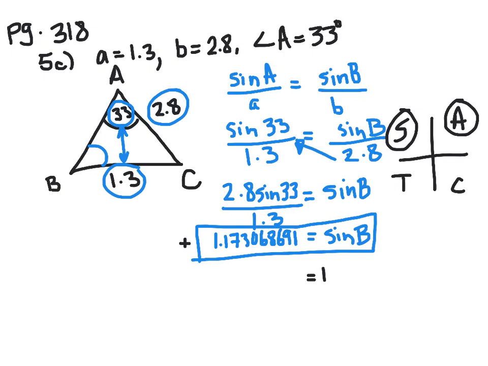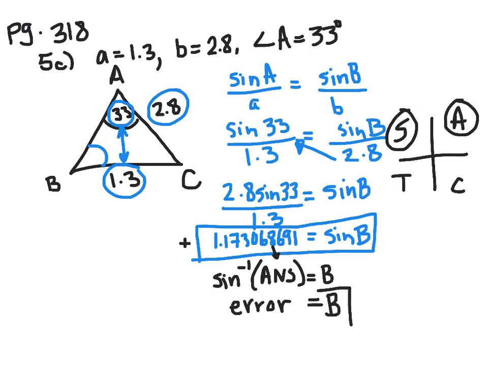When you bring sine to the other side, the opposite of sine is sine inverse of this thing, which I'll just call answer. I'm not going to write that out again. And when I do sine inverse of that, I actually get an error on my calculator. If I get an error on my calculator, that means there are no answers for B.